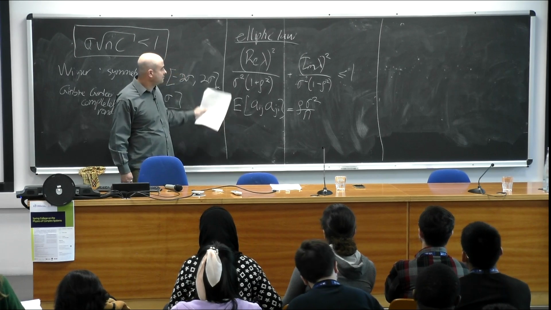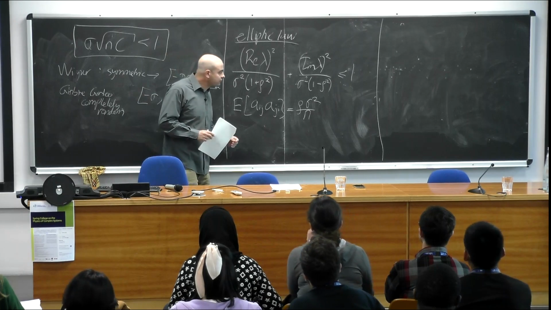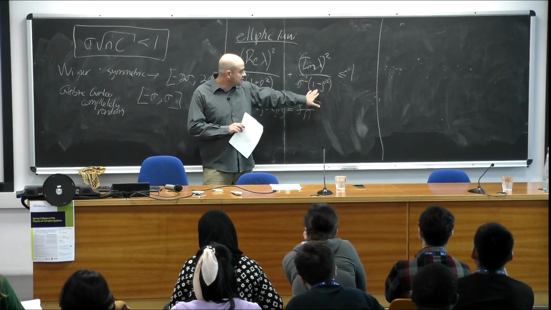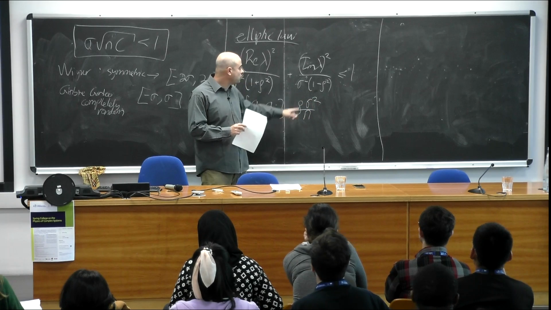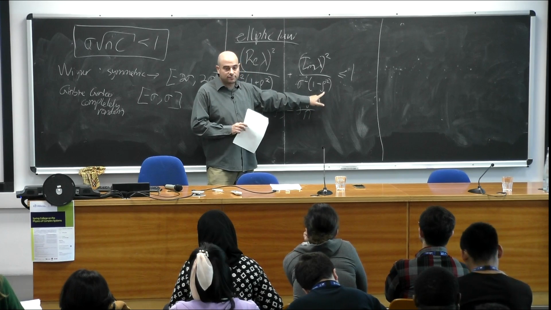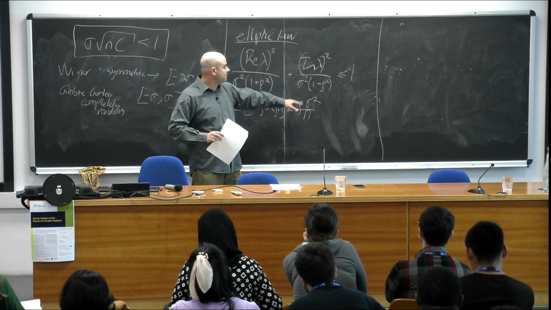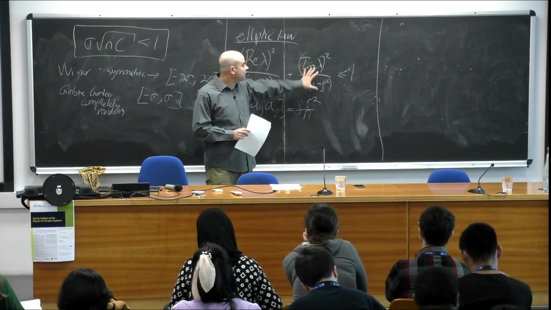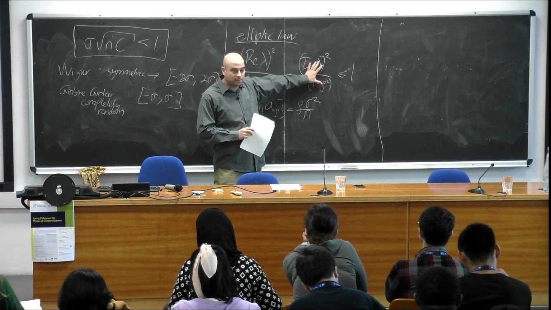Okay, so how does this make sense? Well, for a fully symmetric matrix, we might worry about this part, because 1 minus rho squared would be 0, except that a fully symmetric matrix has only real eigenvalues, so we don't have to worry about this at all.